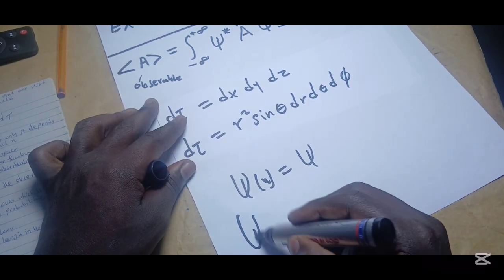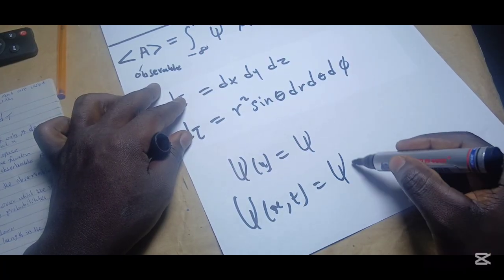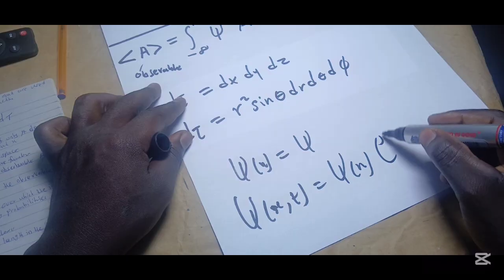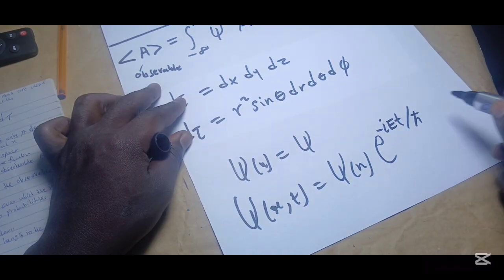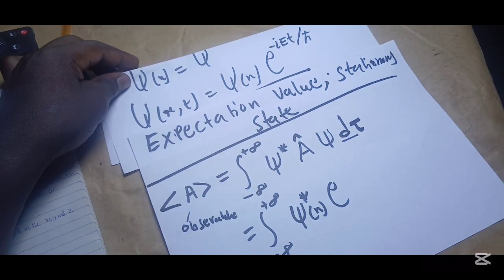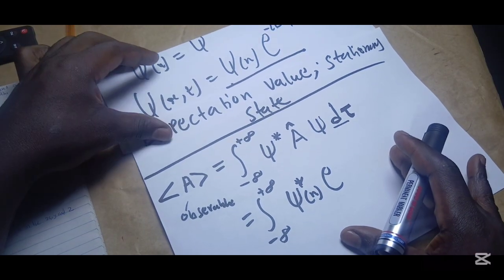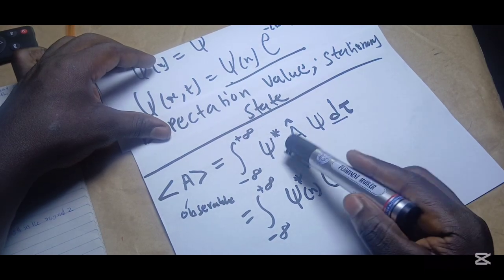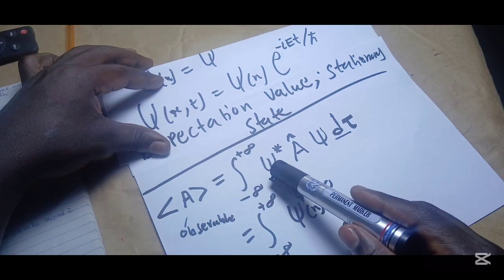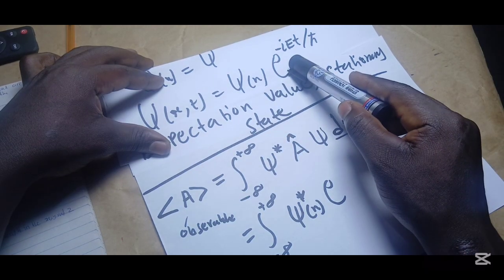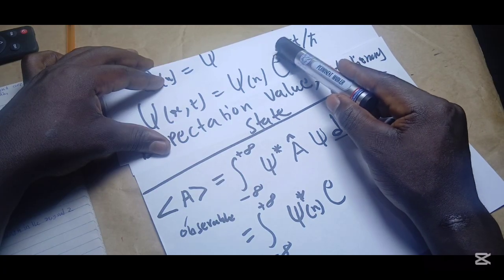Sorry, psi of x and t equals psi of x e to the power minus i E t over h bar. Okay, let's proceed. The complex conjugate of the wave function, indicated by psi star, means the whole thing here, but in this case the exponent of e is going to be positive.